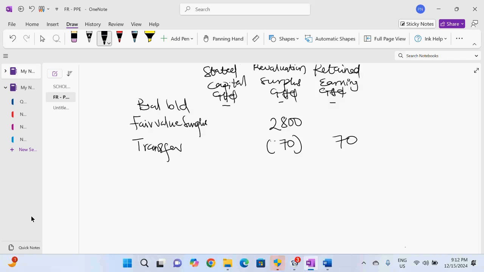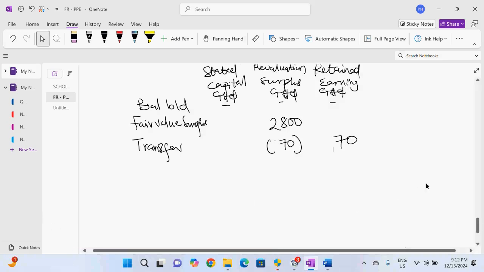The format, I think you've interchanged it, so it's making it a little bit confusing. Capital, retained earnings, equity. Just look at what is at the top. The format is not static.